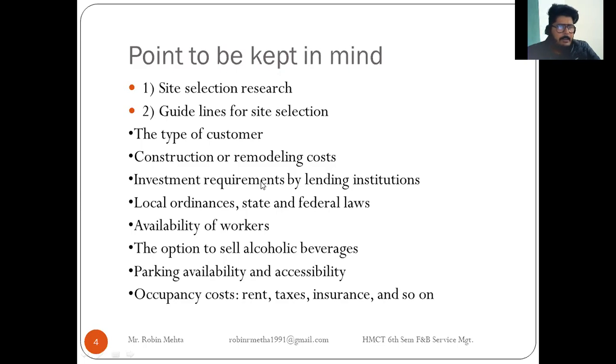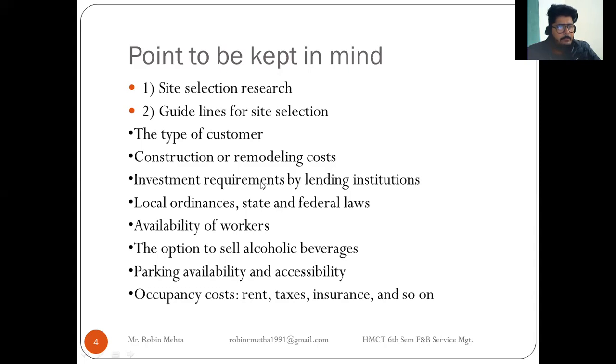Investment requirements by lending institutions: what will be the investment requirements. If we are investing our whole money over there, then what kind of advantages are we getting from that particular state? Sometimes we get loans from the government, or some concession on land, because we are going to open our restaurant and we are developing their state by opening it.